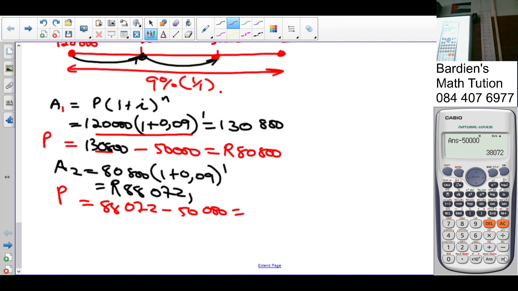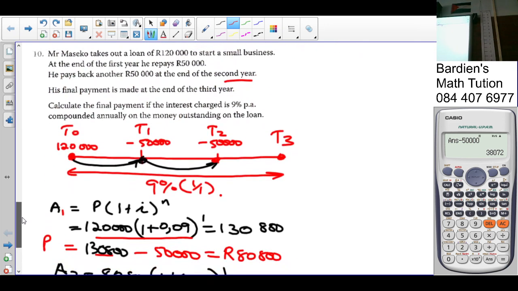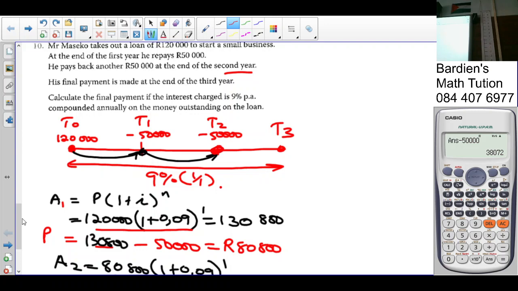So is that the amount he owes in his last payment? No. That's the amount of money lying there, so of course he's going to draw interest for the last year.